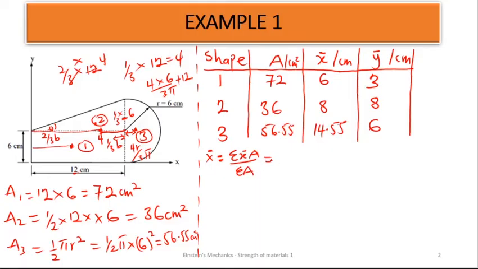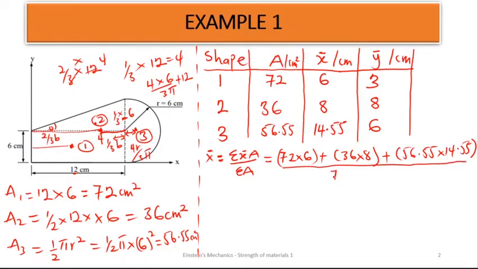So this is going to give us our 72 by, since we are working for the x bar, plus our 36 by 8 plus the area, which is 56.55 by 14.55, everything on summation of the area, which is 72 plus 36 plus 56.55. And with that, your x distance for the composite shape is going to be 9.37 centimeters.